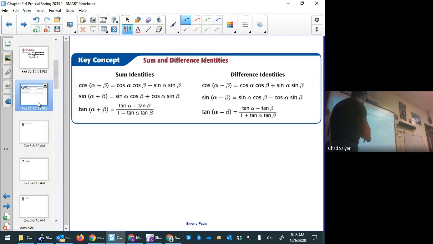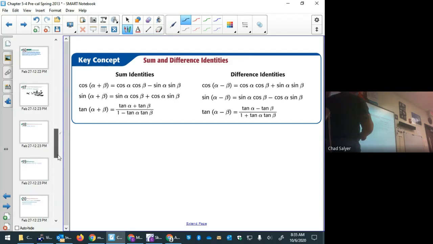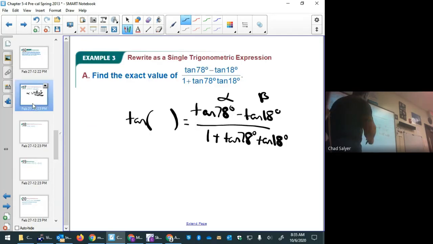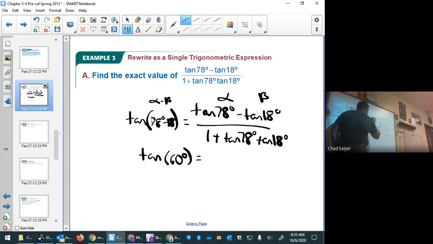So if I look over here, that's the difference, tangent difference. So I know that I need to apply the tangent difference to this problem. And so that's going to be tangent of 78 degrees minus 18 degrees, which is the tangent of 60 degrees on the unit circle.